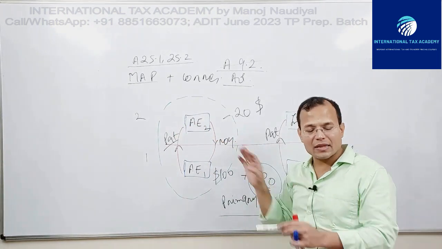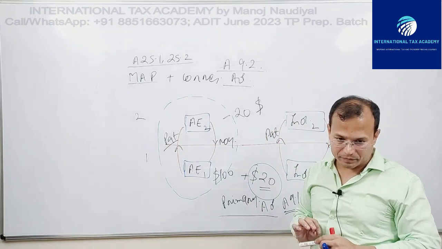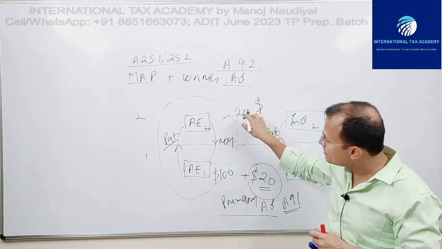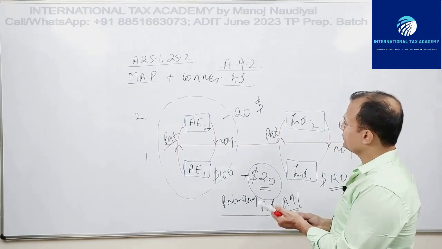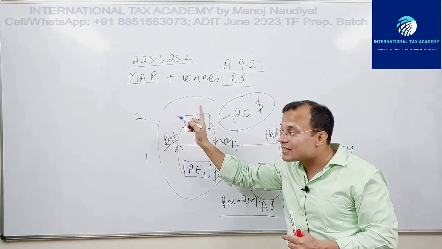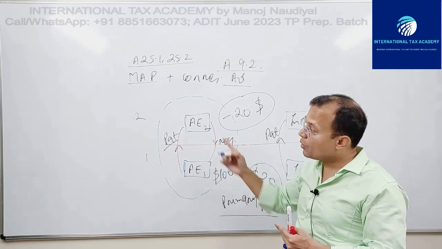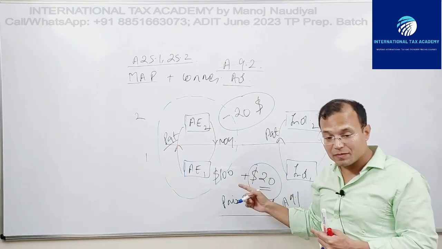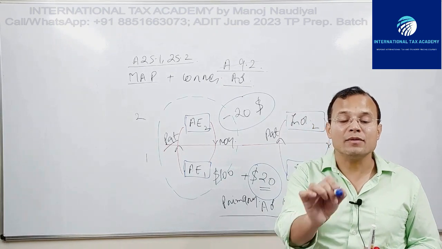If 2 agrees, then everyone in this scene is happy. And if 2 agrees and AE2 does this minus 20, then this is known as corresponding adjustment. This minus 20 is allowed by the tax authorities of 2 because they feel that this plus 20, added by the tax authorities of 1, is for the proper application of the arm's length principle.